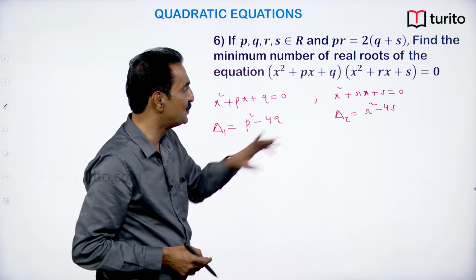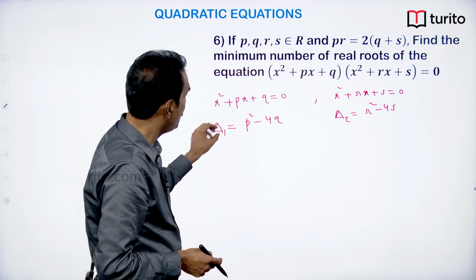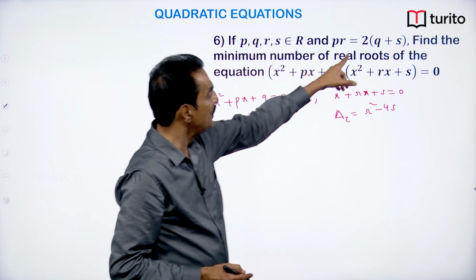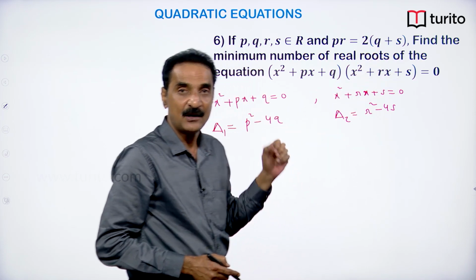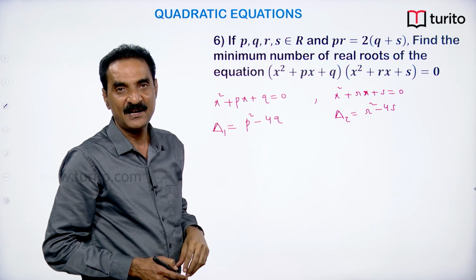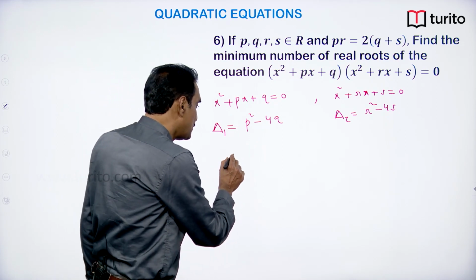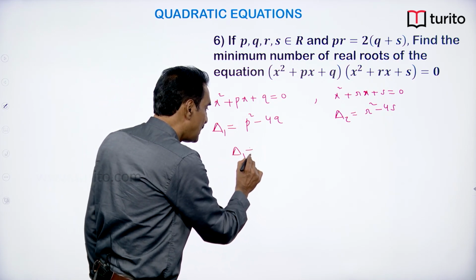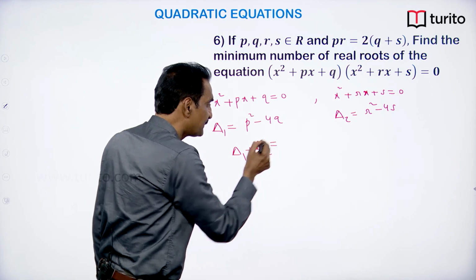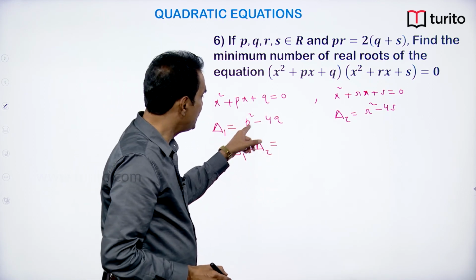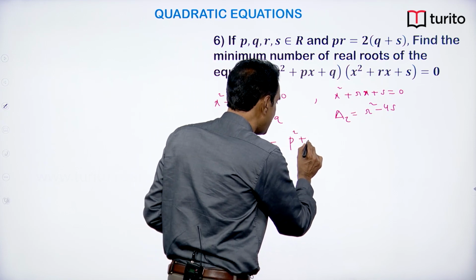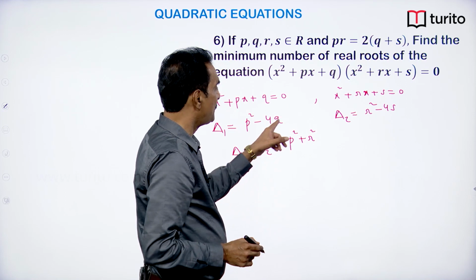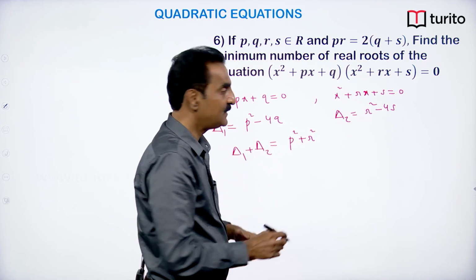Okay. Now, how can you use this condition? Just observe these two. If you add delta 1 and delta 2, you are going to get q plus s, is it not? Then you can try substituting that condition. So, I will find out delta 1 plus delta 2, p square plus r square. From the second terms, minus 4 is common.